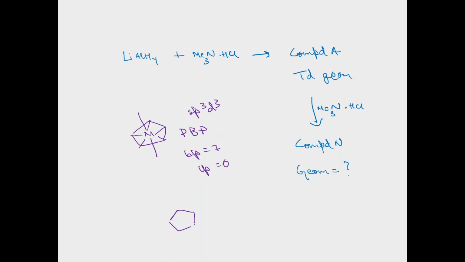When there is no ligand in these two places, that means we have two lone pairs and five bond pairs. In that case, we will get a pentagonal shape, but the geometry will be pentagonal bipyramidal only. Okay, ma'am.